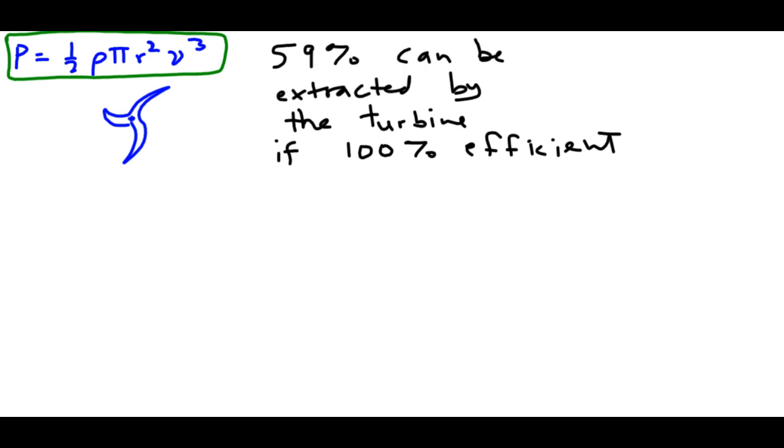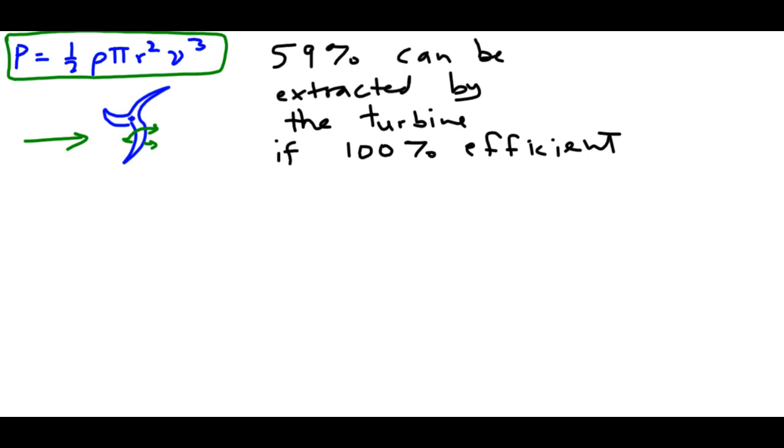Okay. And here's the reason we can at most get 59% out from the wind. The wind travels forward, and in order to spin the blades, it has to actually pass some over the blade and some under the blade. It has to be split by the blade.